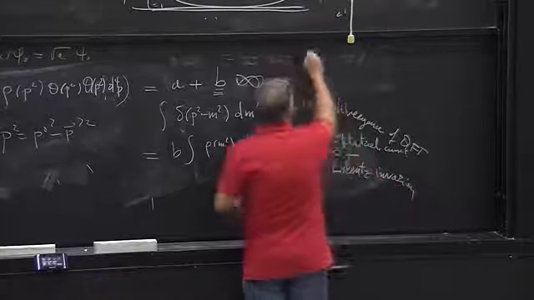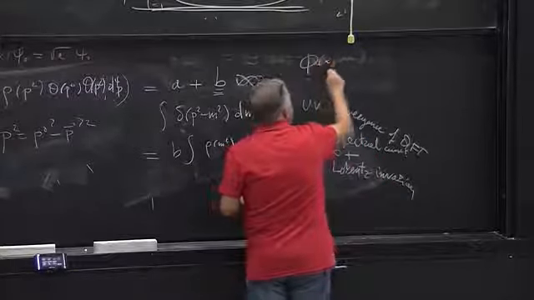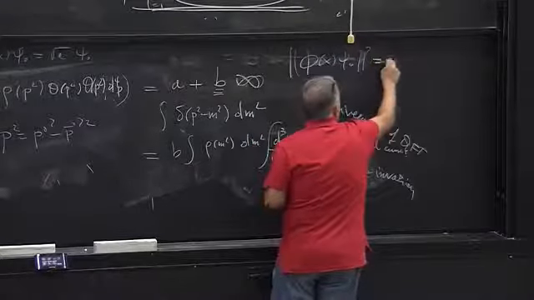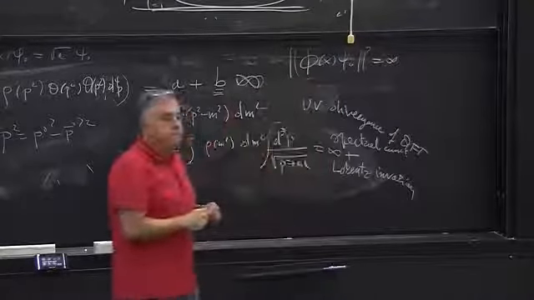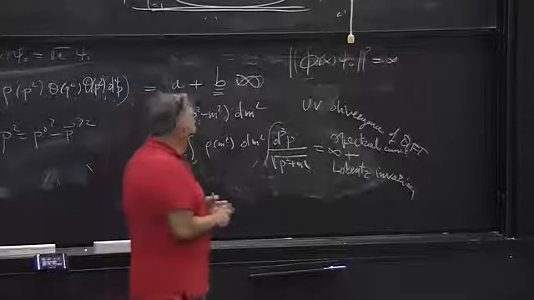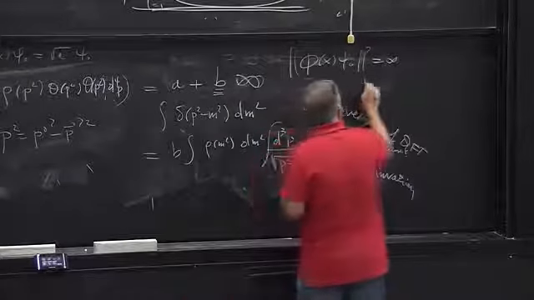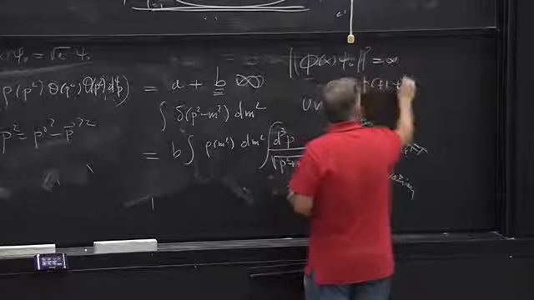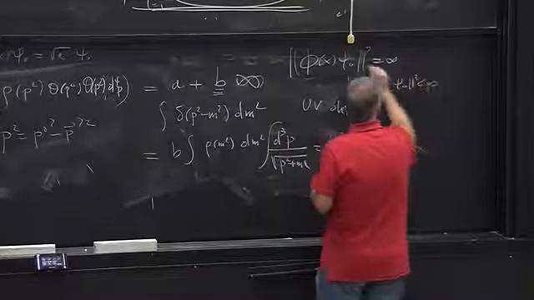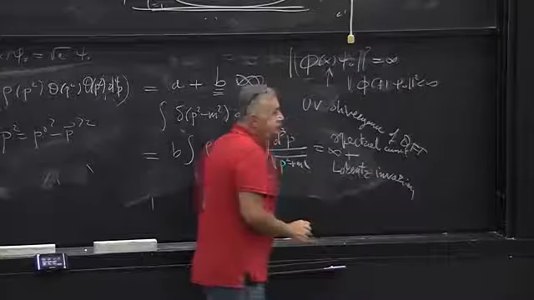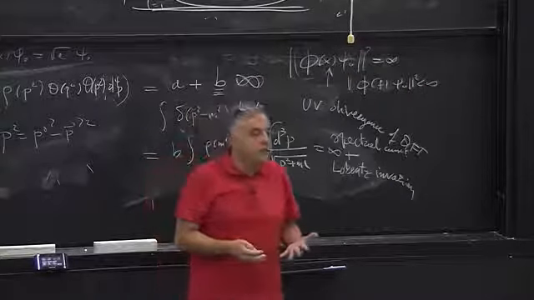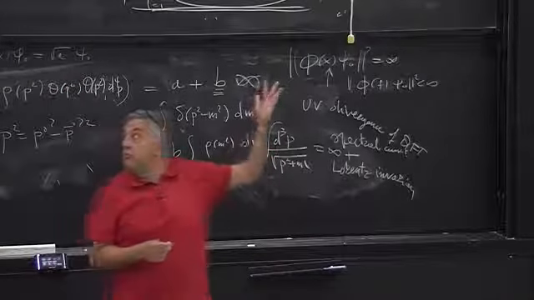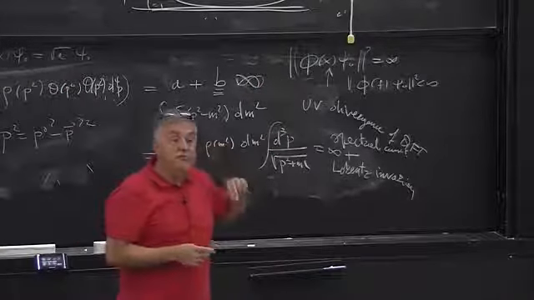It implies that you cannot measure the field at one point, this state has an infinite norm. Okay? What you can measure are space-time averages of the field. This you can measure. But you can't measure this, and the distributional aspect of the theory is inherent, is an unavoidable consequence of the Lorentz invariance of the theory.